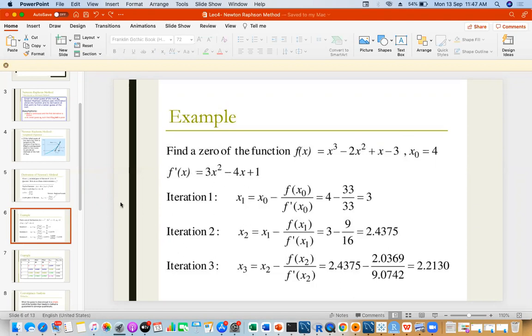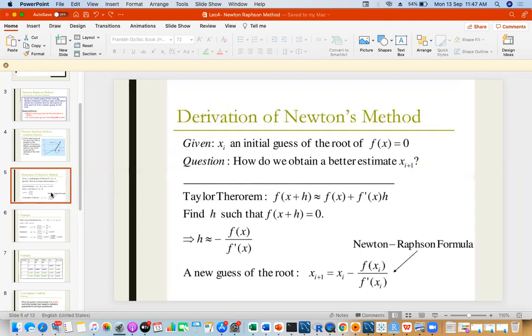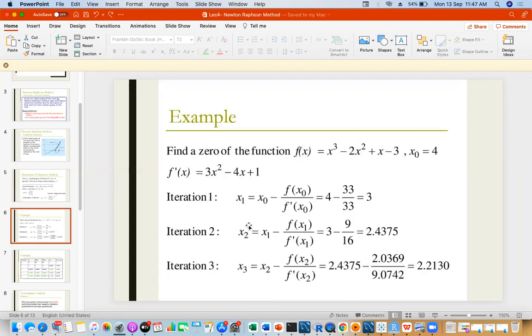Now we have the formula to find xi plus 1 as xi minus f of xi upon f dash of xi. And we are doing the same thing, that x1 is equal to x naught minus f of x naught upon f dash of x naught.